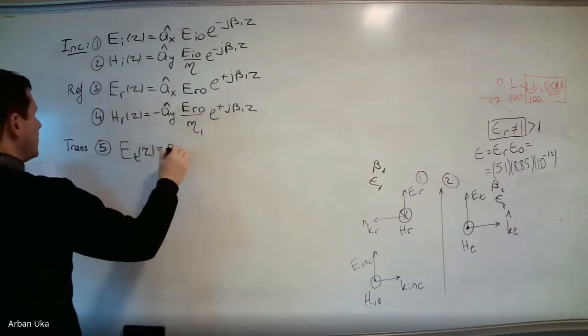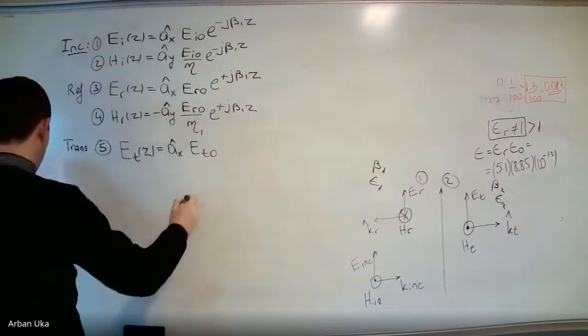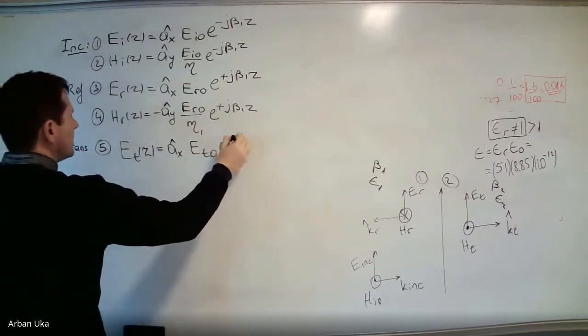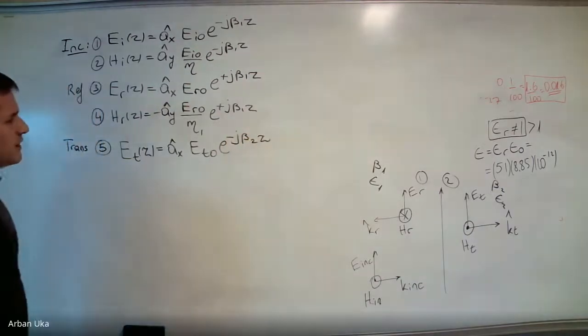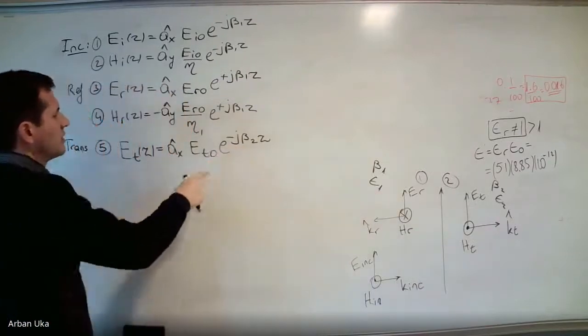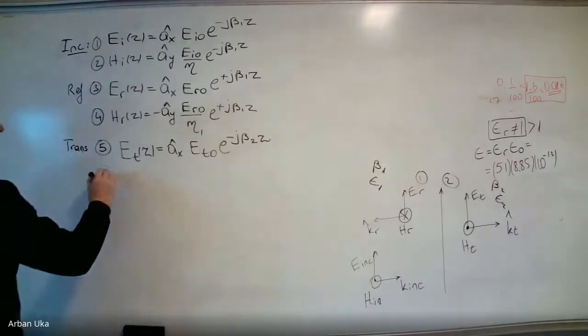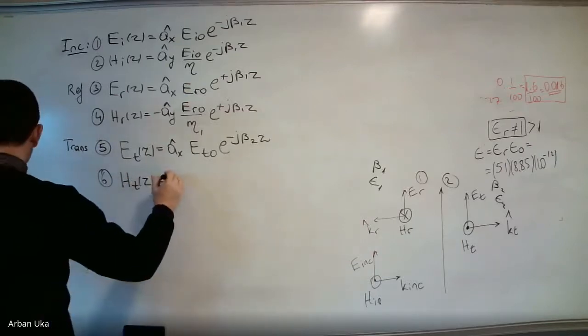This would be equal to a_x times E_t0, the amplitude of the transmitted wave, e to the power minus j beta 2 z. It is propagating along the positive z, but now we have beta 2 instead of beta 1.